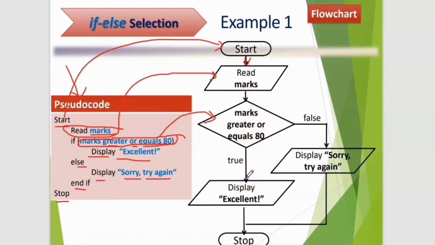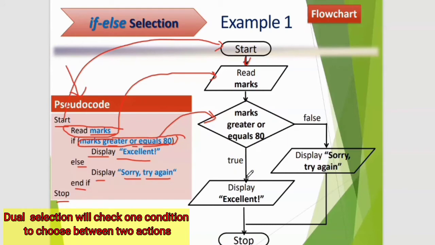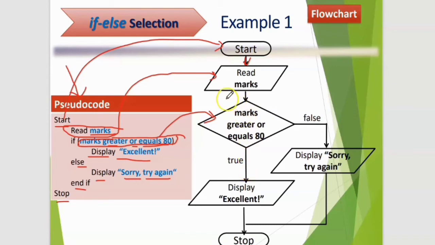Dual selection will check one condition to choose between two statements. If the condition is true, for example marks 90, 90 greater or equal to 80 is true, so display excellent. If the condition is true, this statement will be executed.